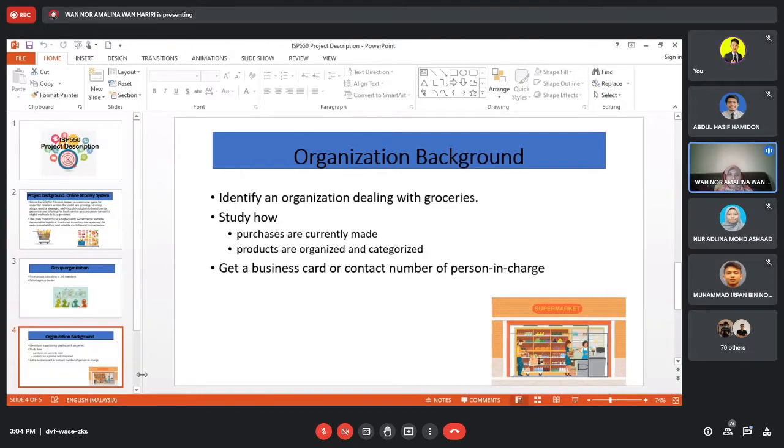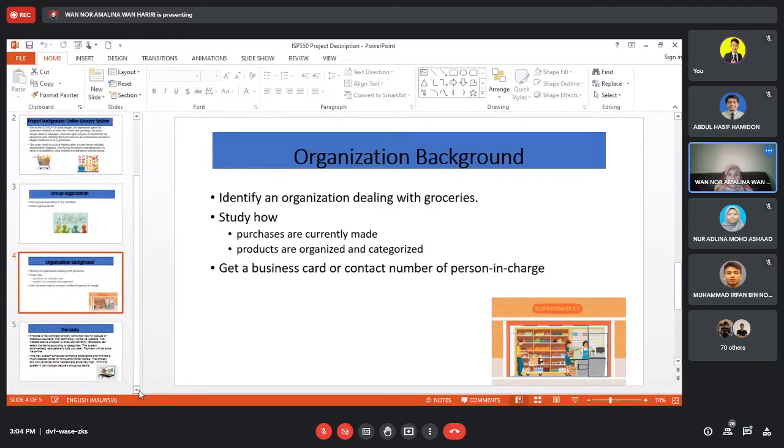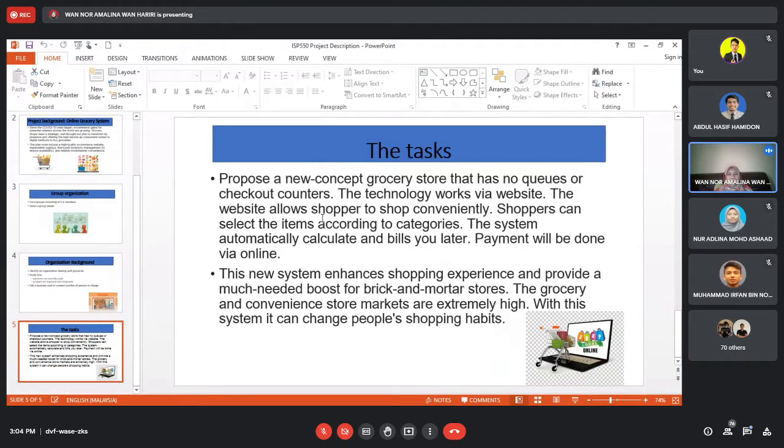So your task, identify that and then propose a new concept grocery store that has no queues or checkout counters. The technology works via website. No mobile application. We don't want you to come up with a mobile application. The technology works via website. Okay.